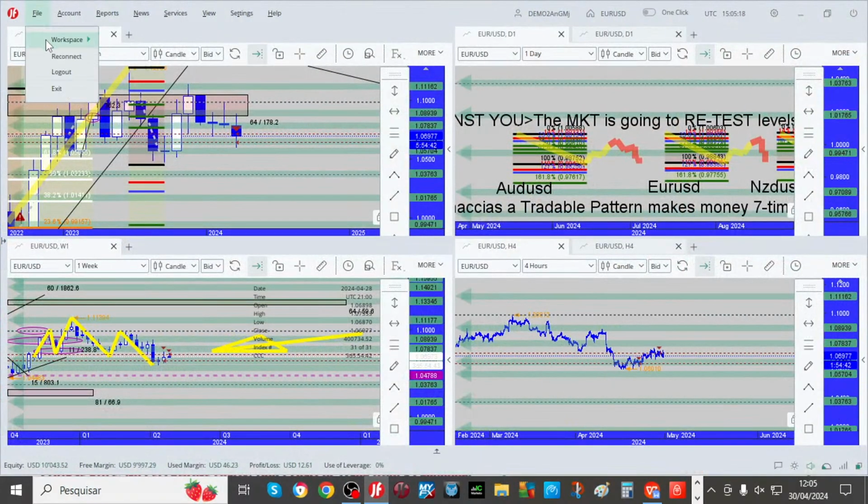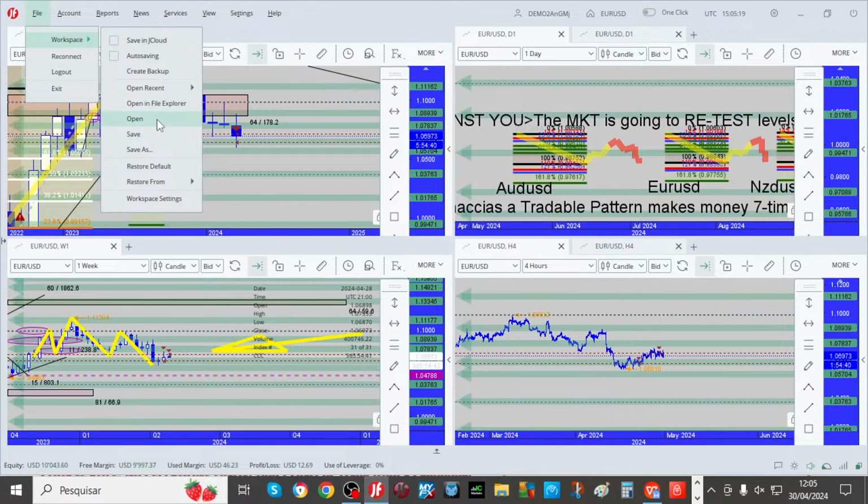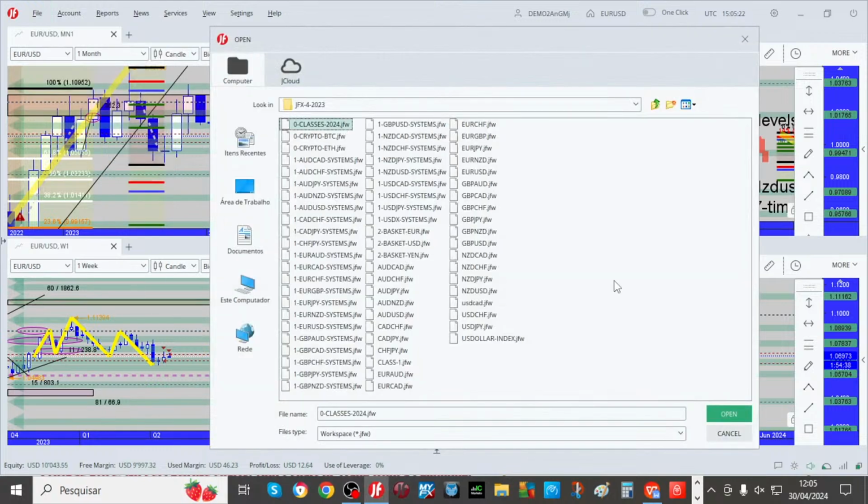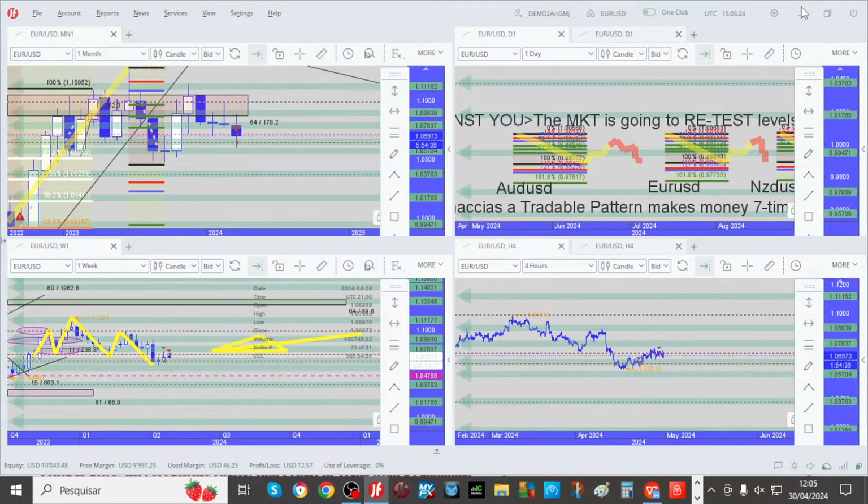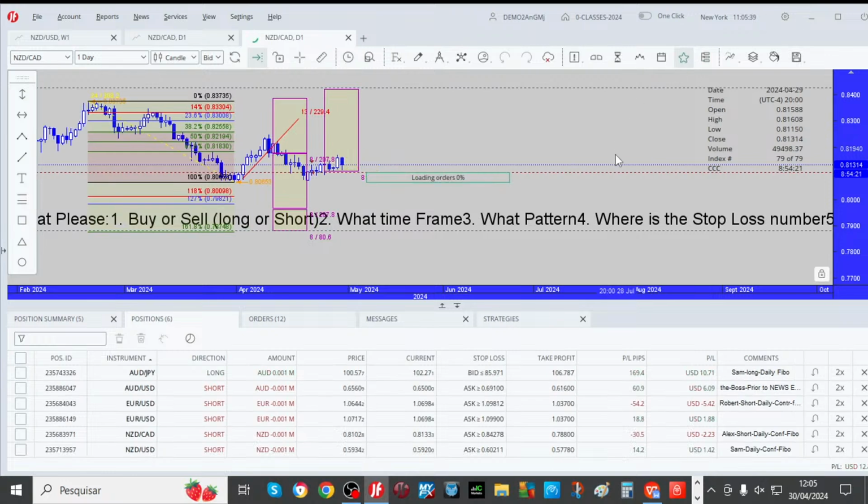Today we are going to start talking about what is your strategy. We are going to open here and take a look step by step. This is our last strategy session, I believe it's going to be 4 days.